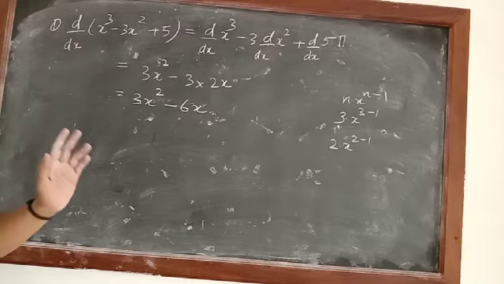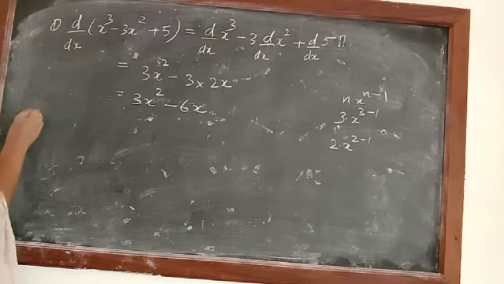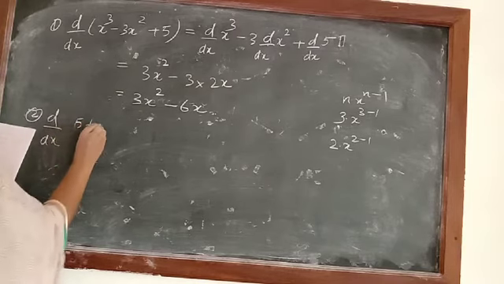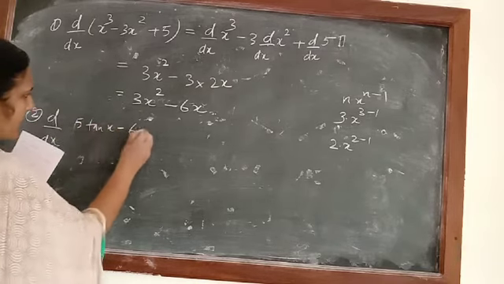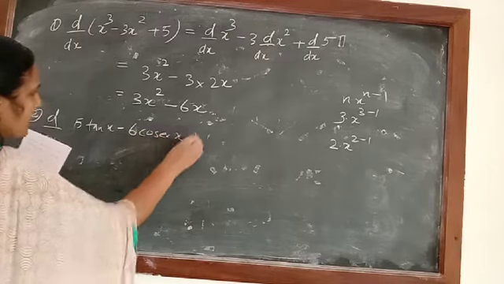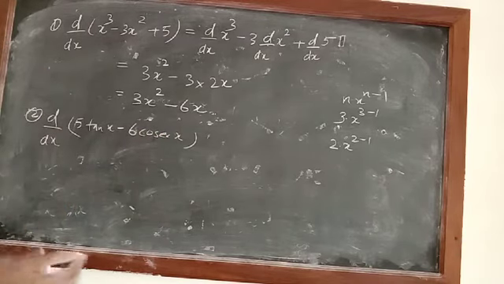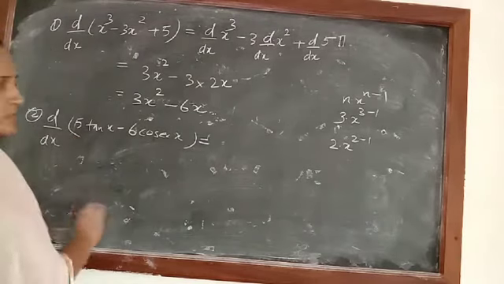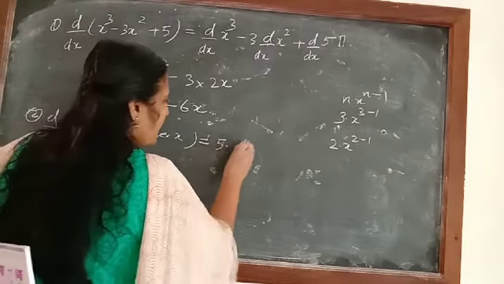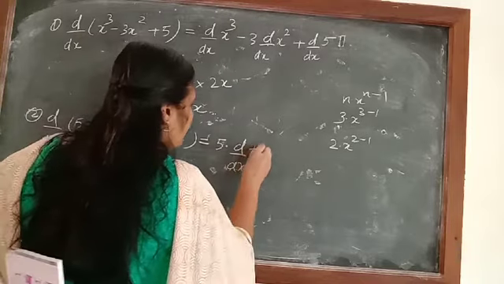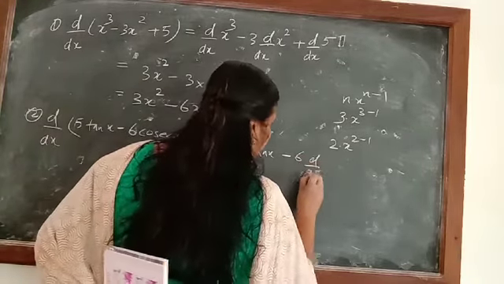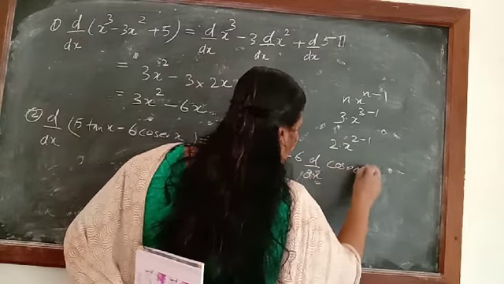Okay, now the second one: d by dx of 5 tan x minus 6 cosec x. Here 5 is a constant, so we can write it outside: 5 into d by dx of tan x minus 6 into d by dx of cosec x.